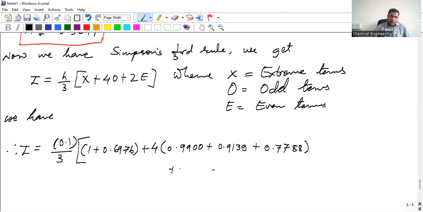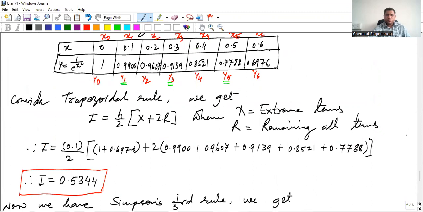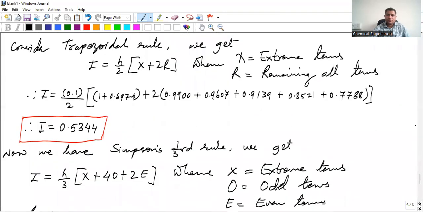And 2 times even, which is going to be 0.9607 plus 0.8521. Is that okay? So these are the even terms and odd terms.